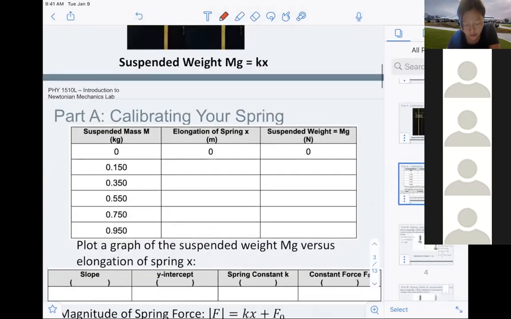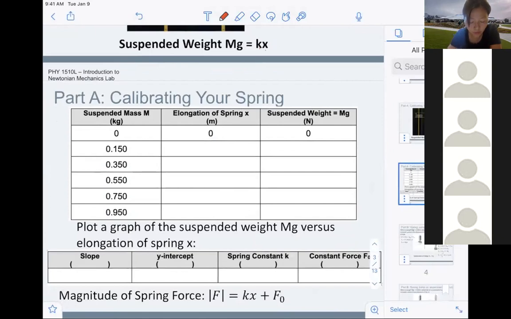So part A, to calibrate it with different masses you add, you're going to measure how much your spring is being stretched. You're just going to record the final and initial position of your spring, and you can find out how much it's being stretched. This part is just the same as what we did in lab 12.